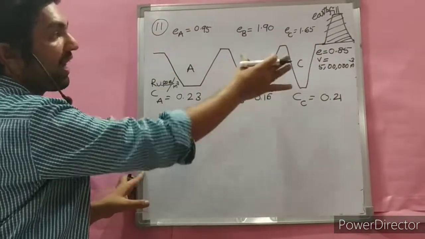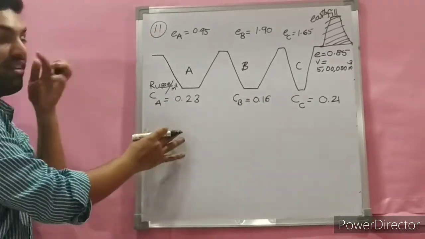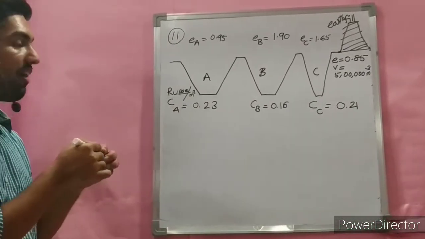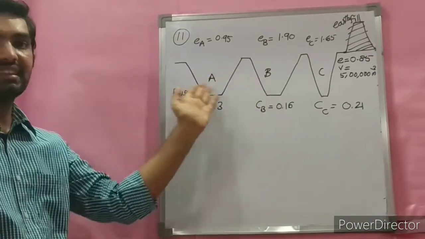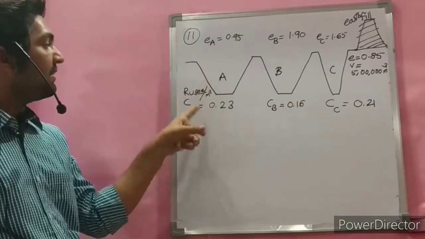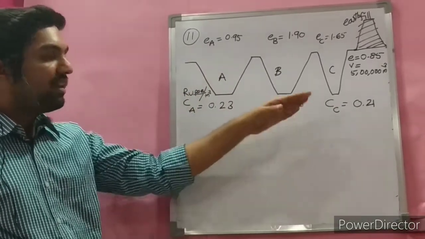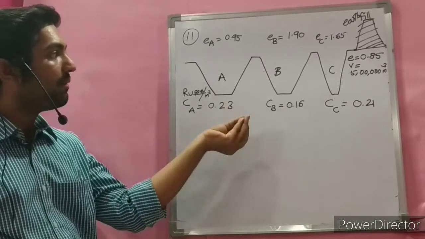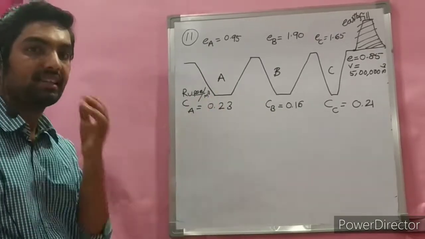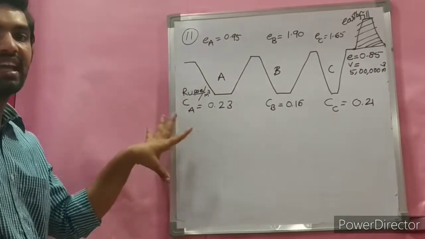Which pit is more economical? This is a real field-based question. In the field, this is really the situation. We will solve this question, and whichever becomes the smaller value is your answer. This is a 15 marks IAS question.